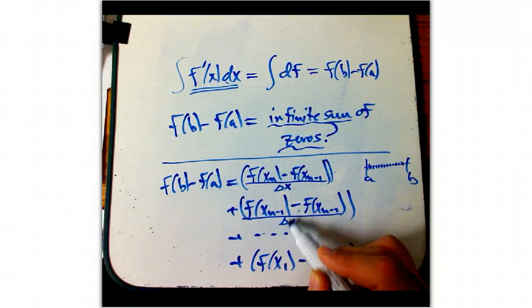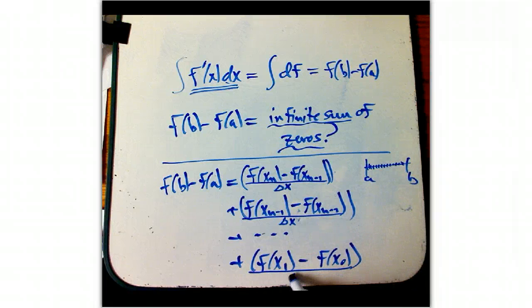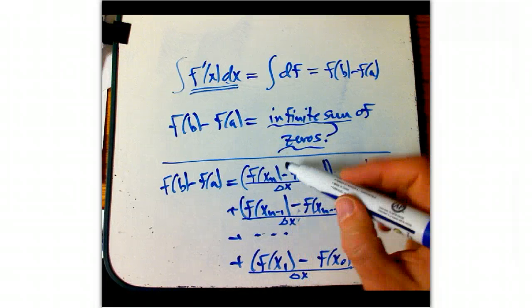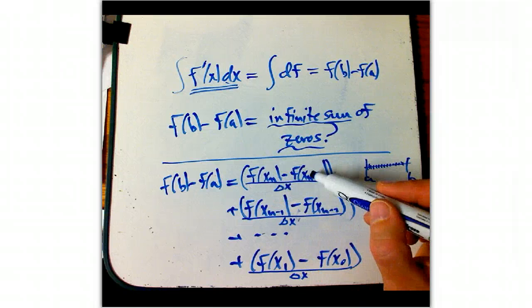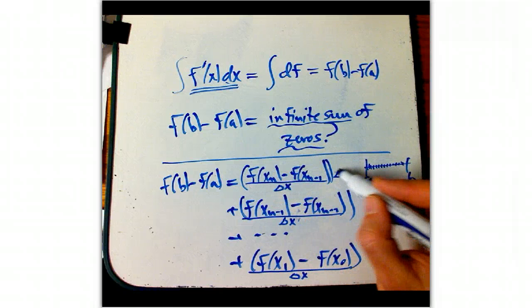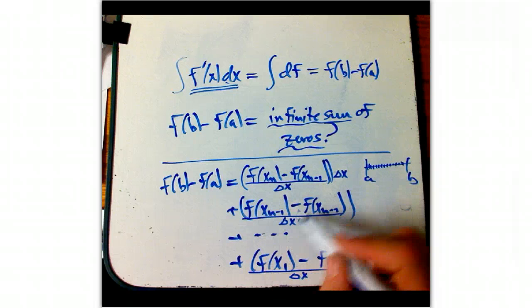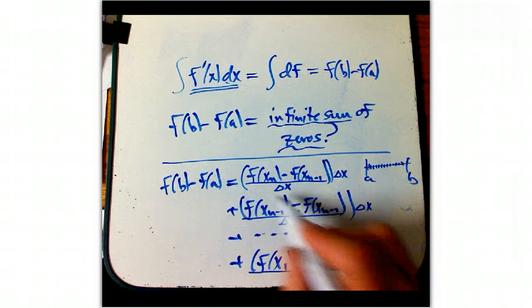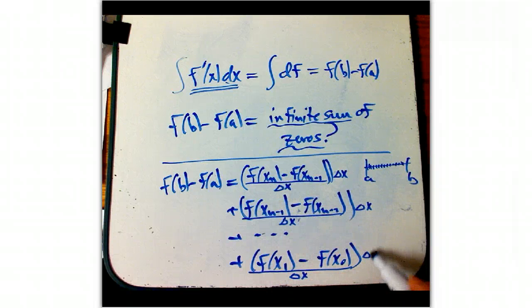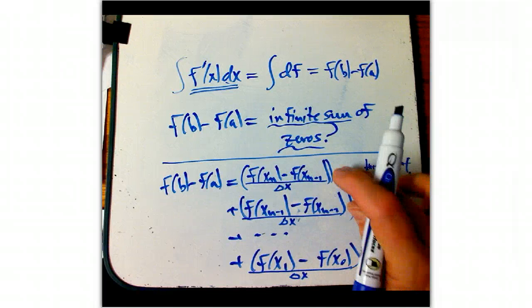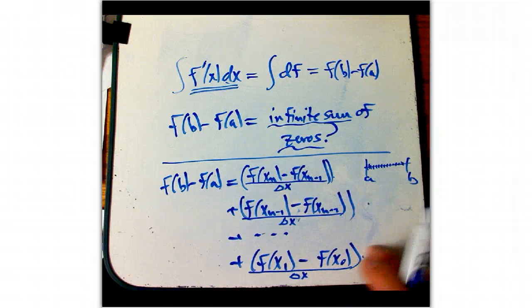I'm going to look at the sum of the rate of change times the change in x, and then the rate of change over the next interval times delta x, and that all times delta x. And the advantage of that is I can just factor out that delta x.